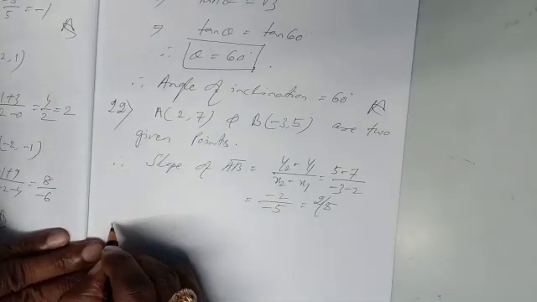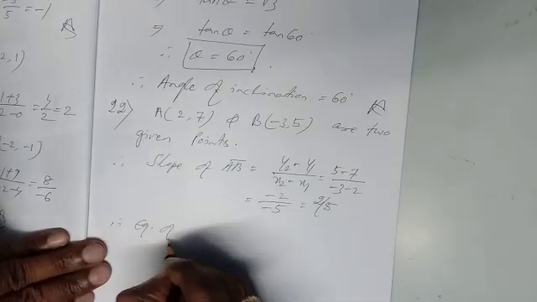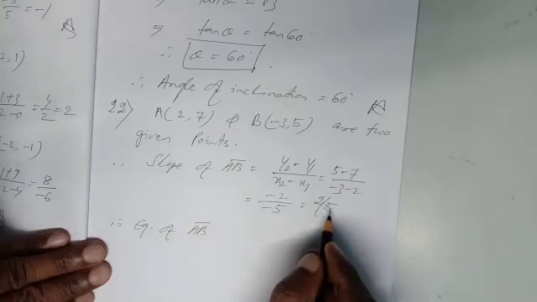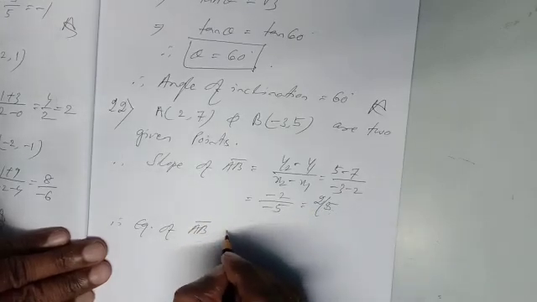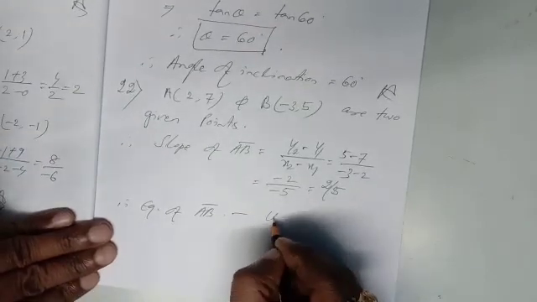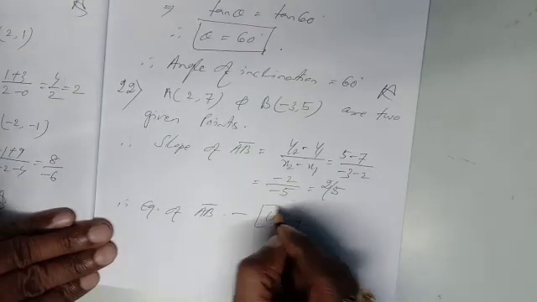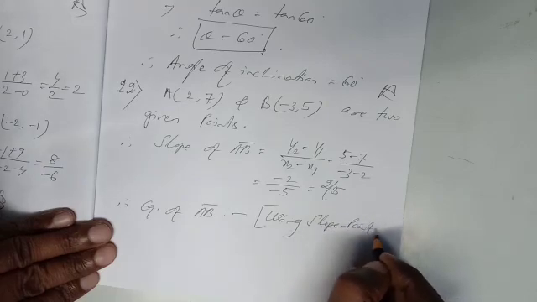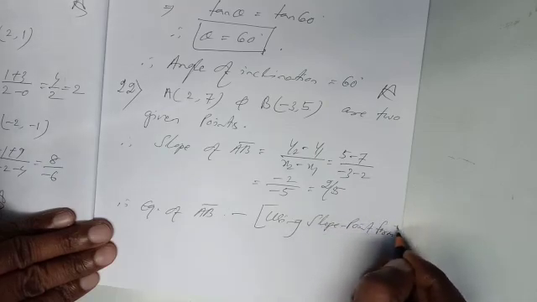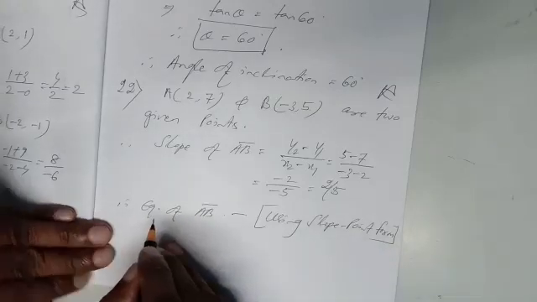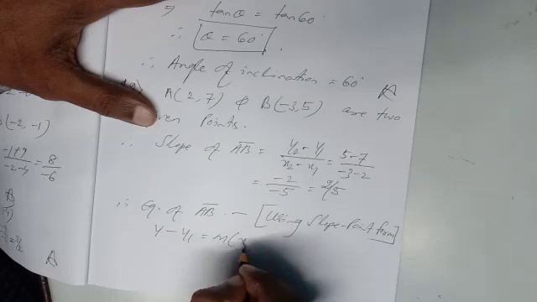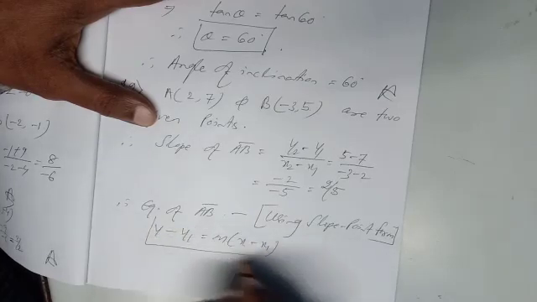Again they are asking to find the equation of line AB. After getting the slope, you can apply the slope point form. Equation of AB using the slope point formula: y minus y1 equals m times x minus x1.